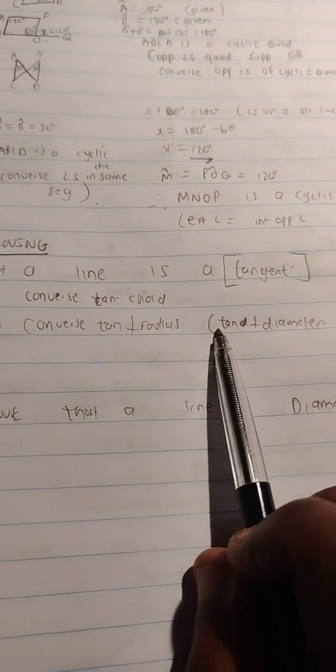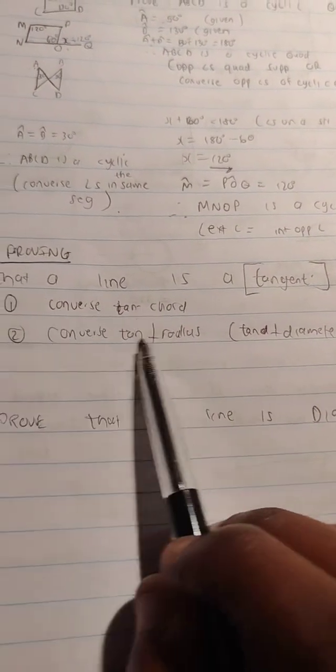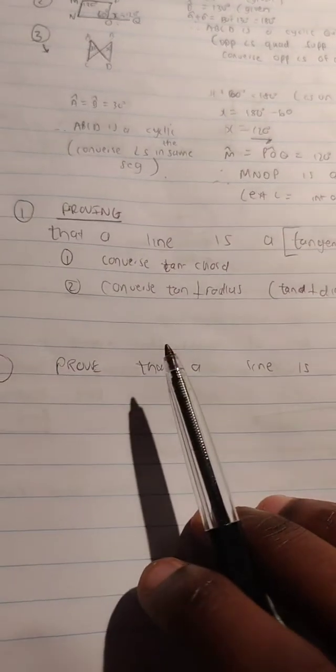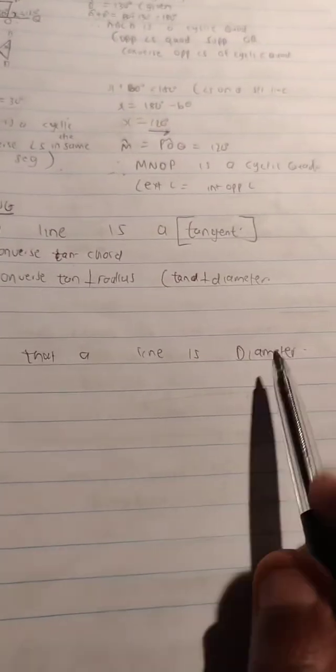Proving that a line is a diameter, you have the converse of angles in a semicircle.